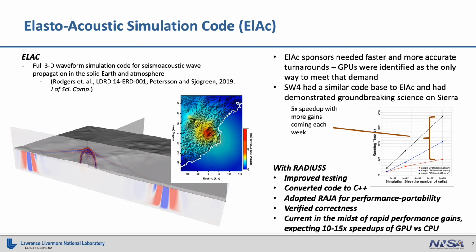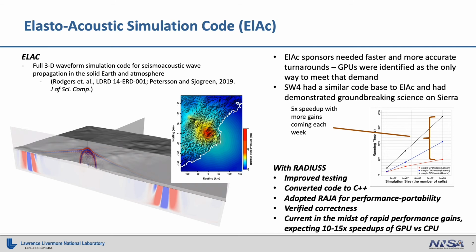And because ELAC had some similar underlying algorithms and code structure, we thought we'd sort of mirror what they had done with SW4 in a project called the Institutional Center of Excellence to try to get some similar wins. And so with Radius, we partnered with that application team to improve their testing so we could make sure that changes we made along the way weren't breaking things.